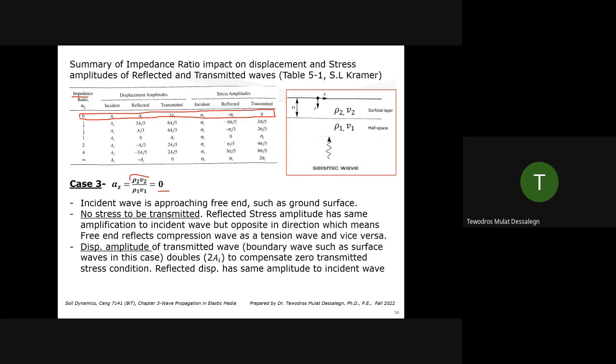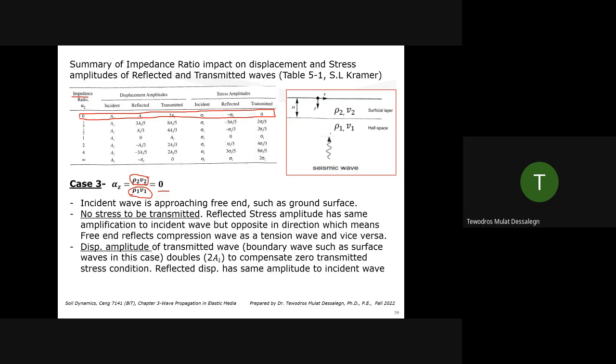Something must be 0 here, or close to 0. It must be a really, really small value of density or really low value of V. And relatively, density 1 V1 must be really large. This is what it practically means.